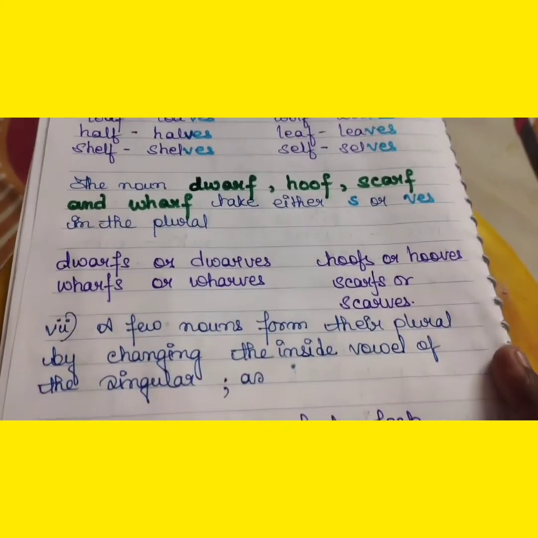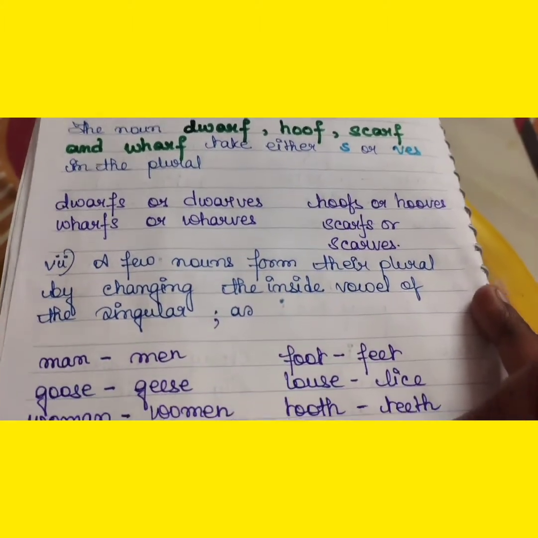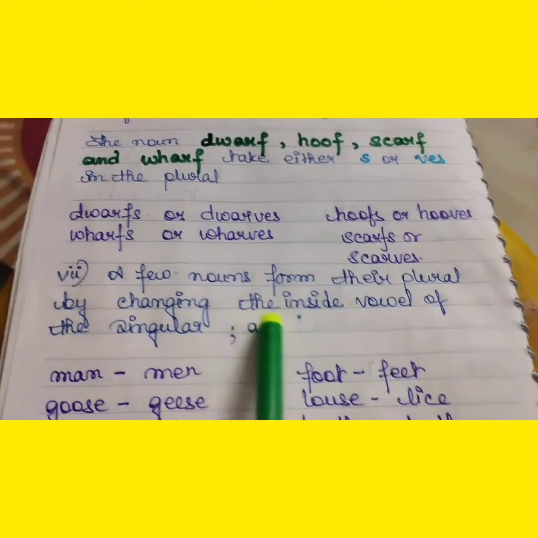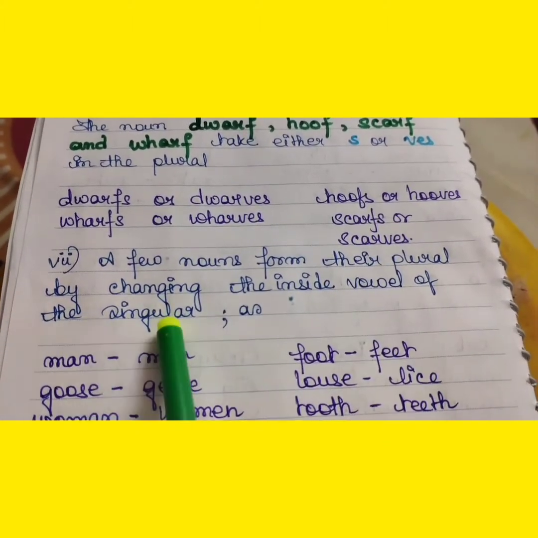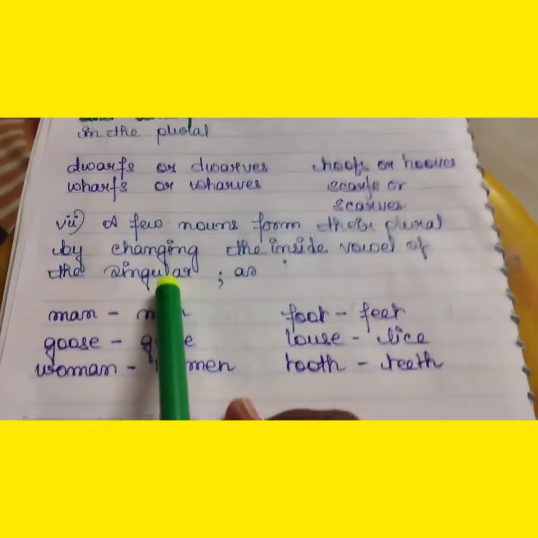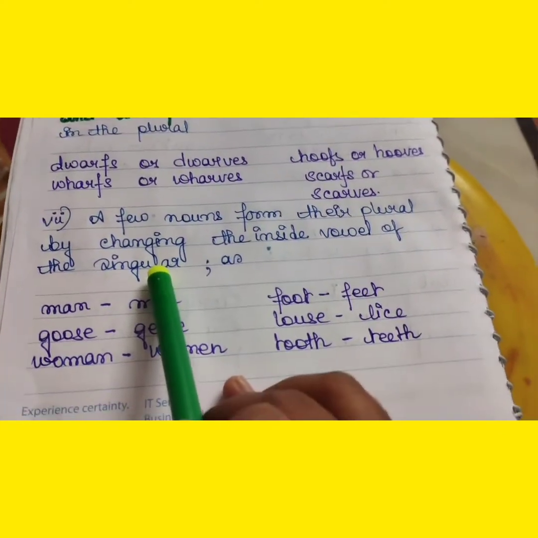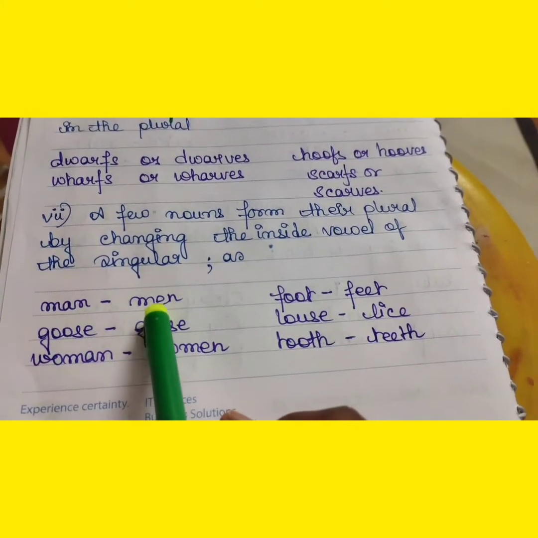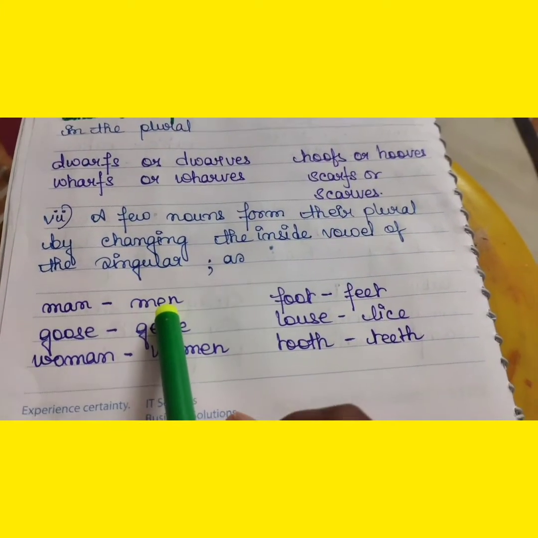Next we come to number 7. A few nouns form their plural by changing the inside vowel of the singular. What is it trying to say? It is trying to say that these nouns completely change the inside vowel.